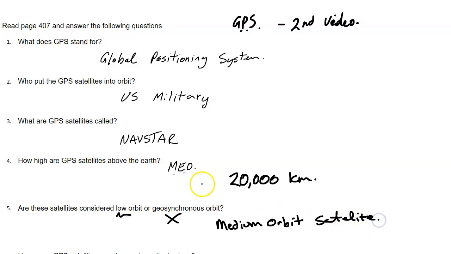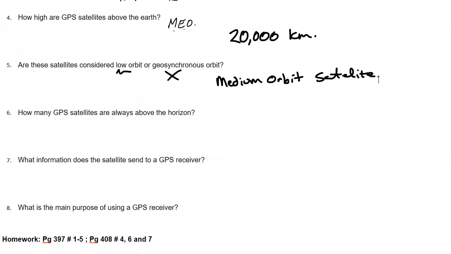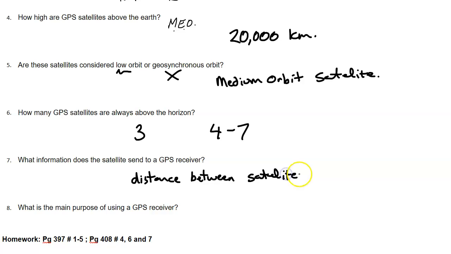And so these global positioning satellites, there's always going to need to be at least 3 above the horizon at any point, but usually 4 to 7 can be found, and always at least 3. The information that they're collecting is the distance between the satellite and the receiver.